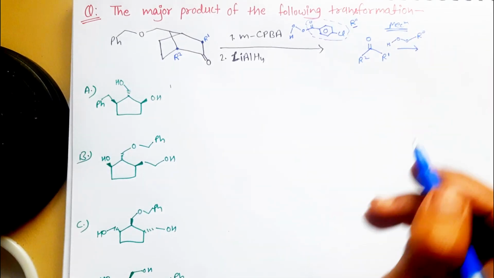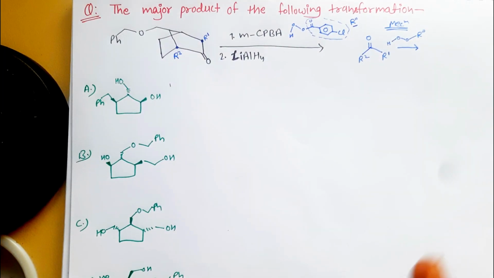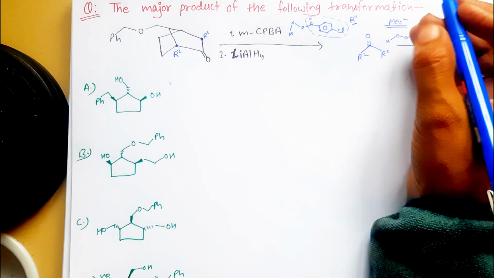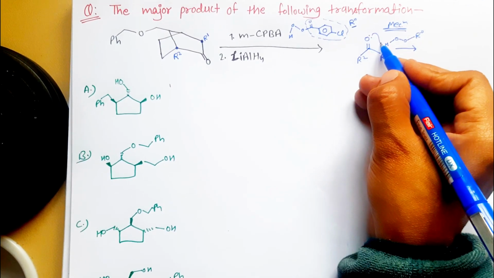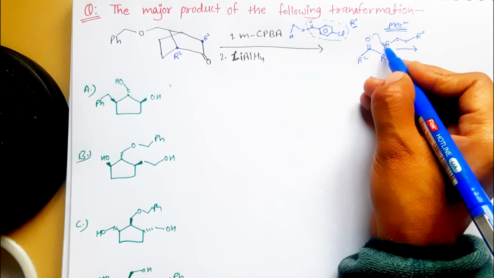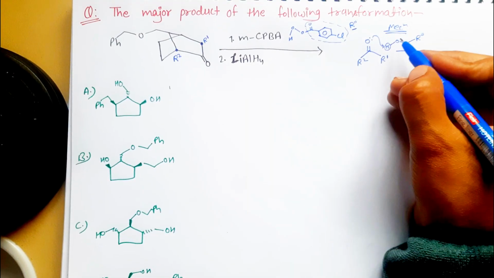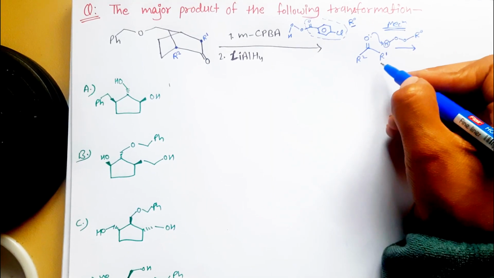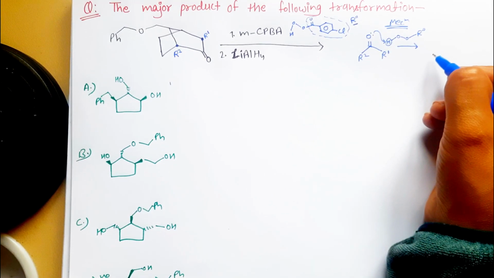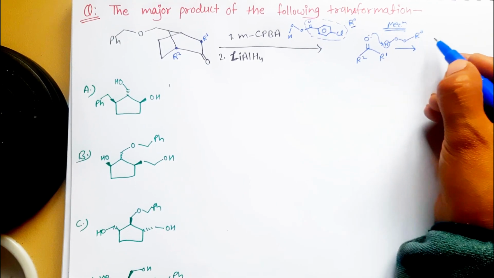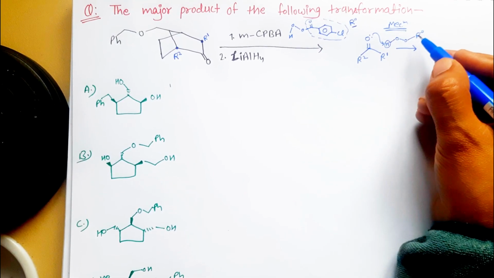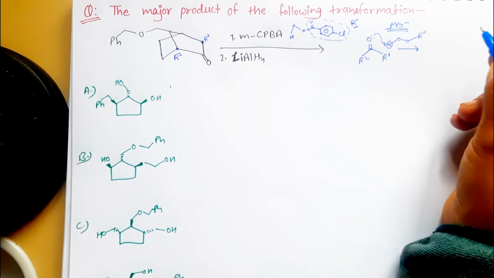One hydrogen is present. In step 1, this oxygen electron attacks on this proton and takes this hydrogen atom, and protonated ketone is formed, and here percarboxylate ion is formed, which is a reactive nucleophile.